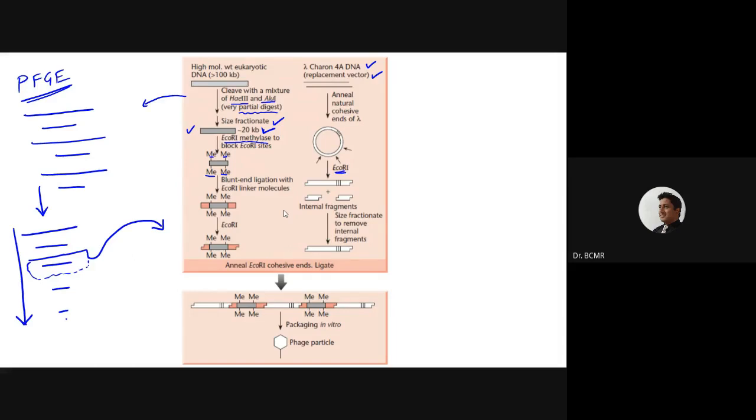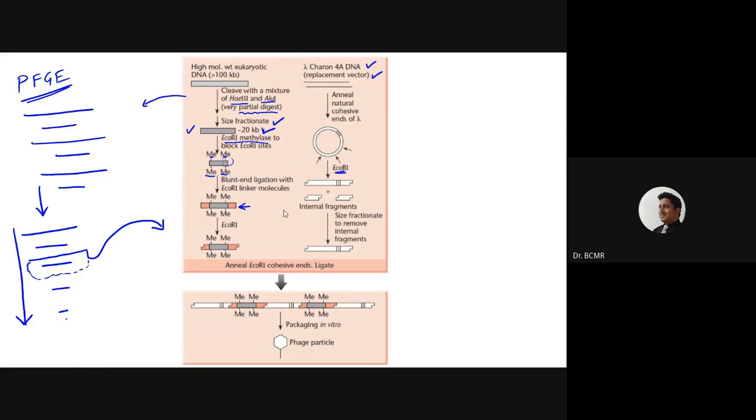And if we want to use EcoRI, it's not necessary that these ends are EcoRI type. We have used different other restriction endonucleases. So we need to attach either linkers or adapters. For this particular protocol, they use linkers.